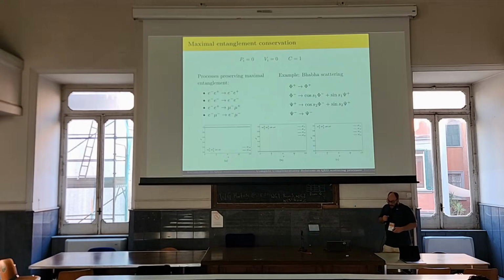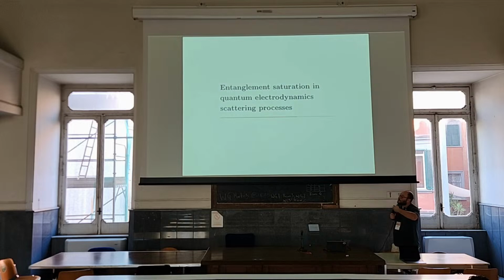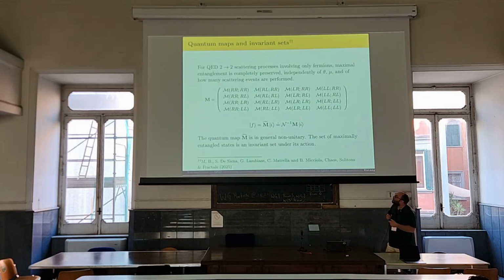Okay? This does not happen when we consider two scattering partners that have different spin statistics. And in order to understand this fact more deeply, we have studied the spectral properties of the matrix, of the quantum maps that characterize our process.